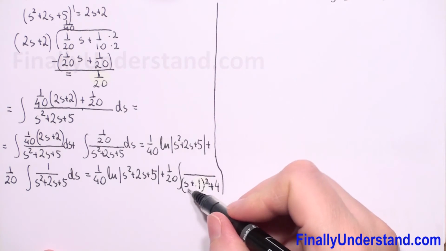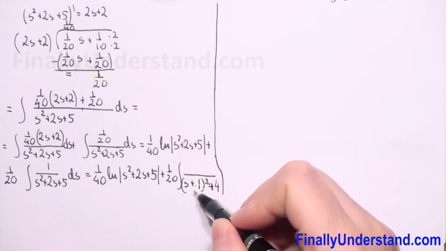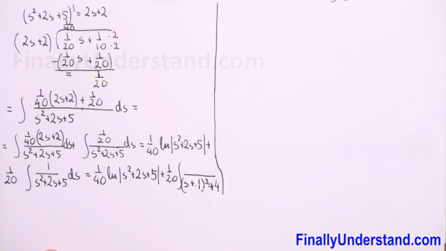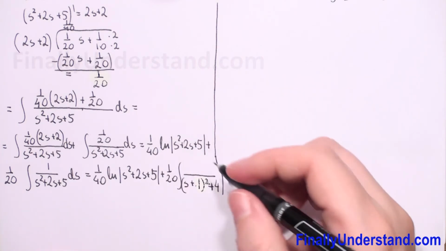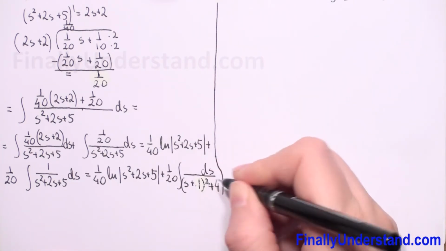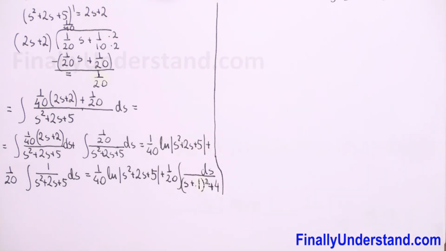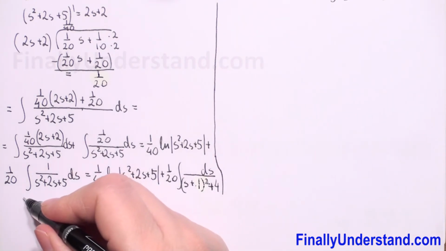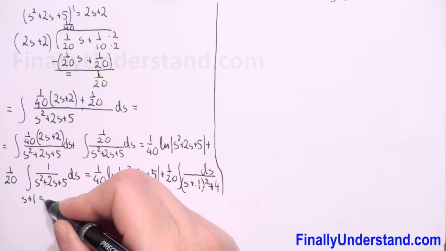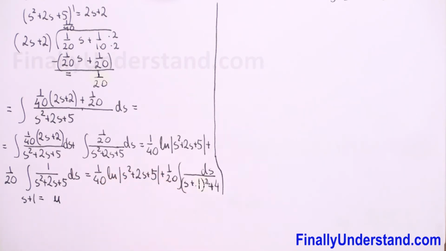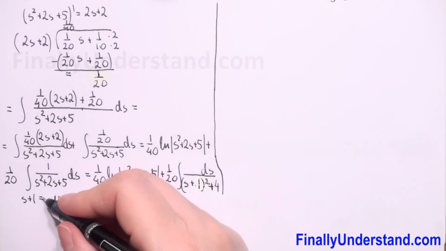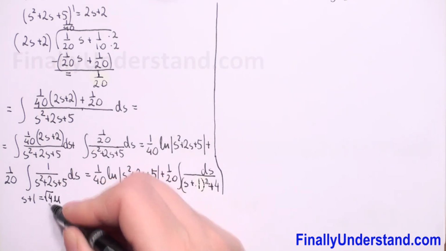Let's check. We will have (s plus 1) to second power is s squared plus 2s plus 1, and plus 4 gives us 5, so everything is okay with respect to the s integral. So now we will substitute s plus 1 equal to u, and because we need to reduce this 4, I will put square root of 4.